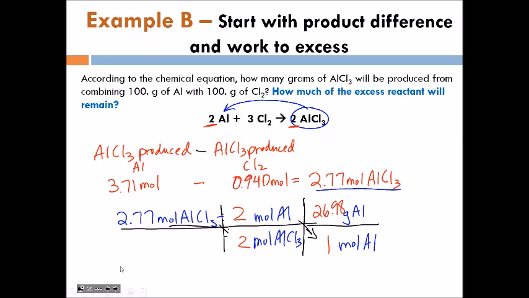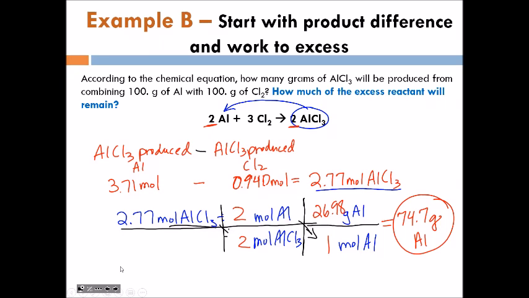2.77 times 26.98, really the 2's cancel. This ends up giving us 74.7 grams of aluminum, which is very close to the 74.6 that we got in the previous option that rounded to 75.